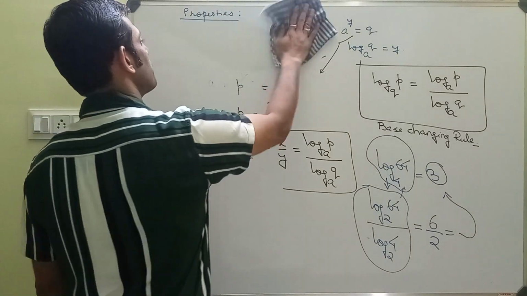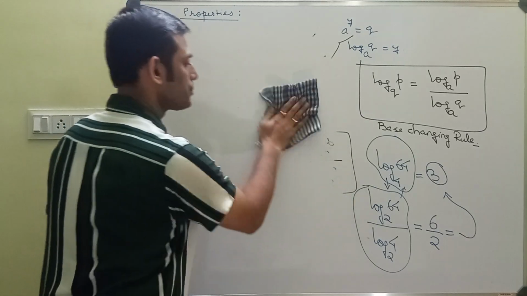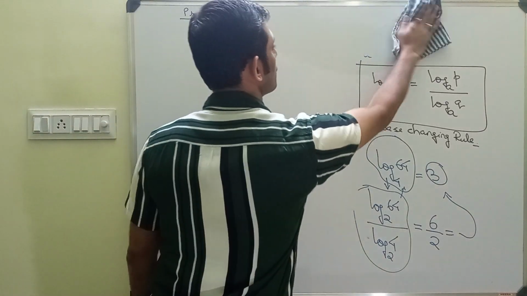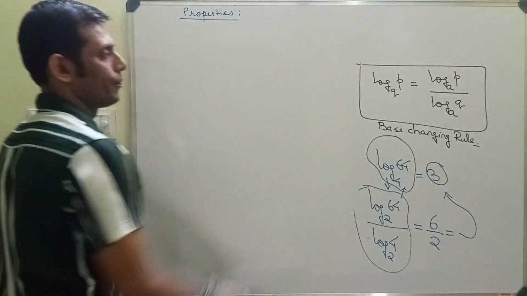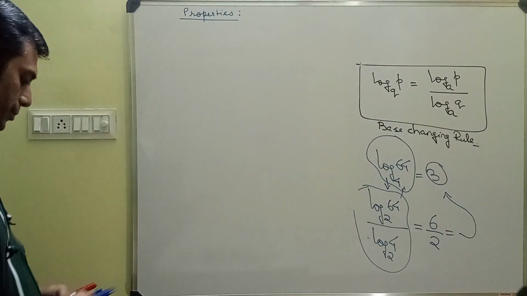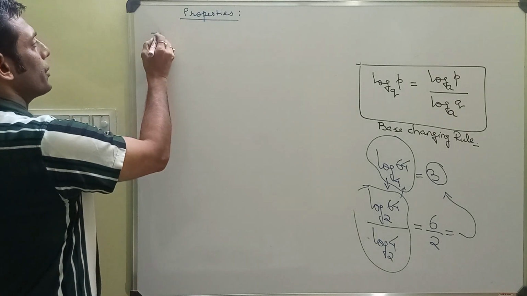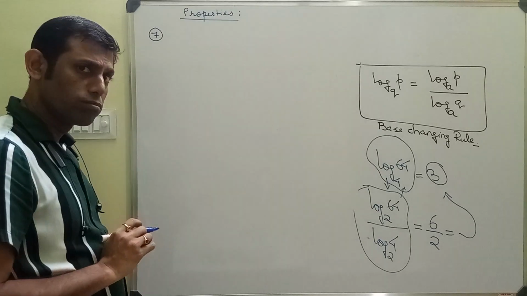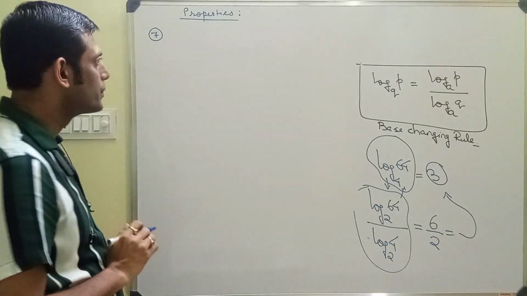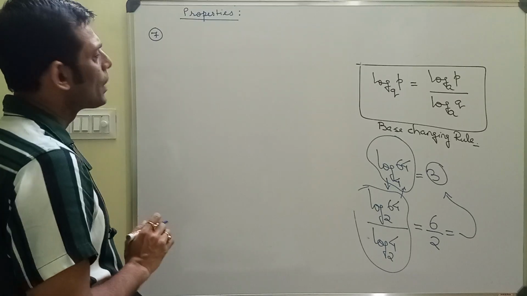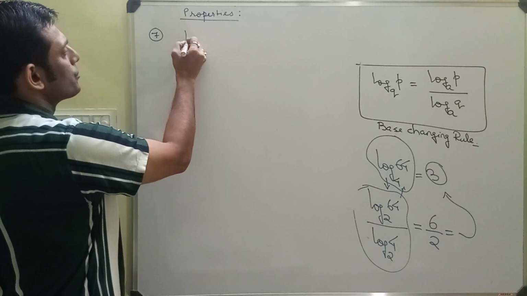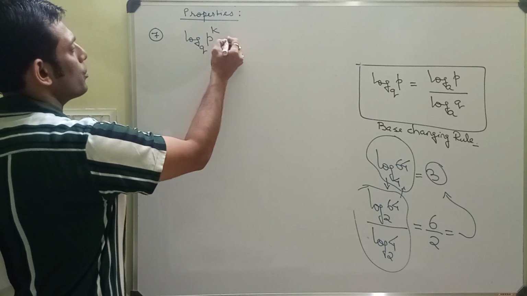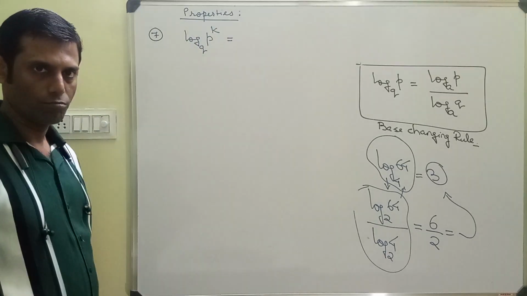Property number 7. What can that be? It's something like this. Suppose you write log of p power k base q. What can that become?